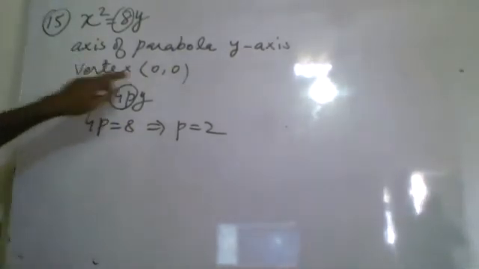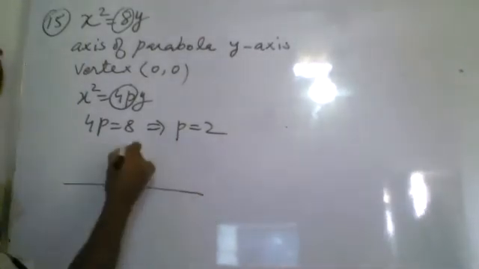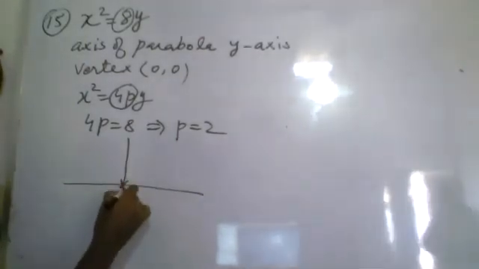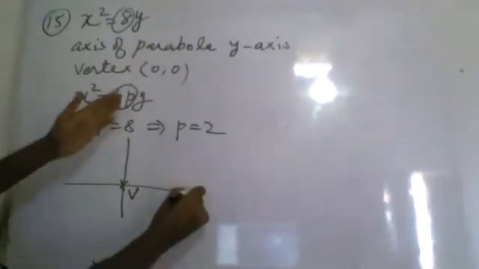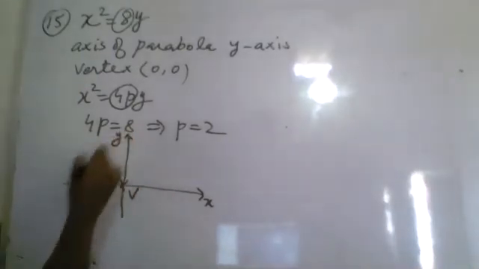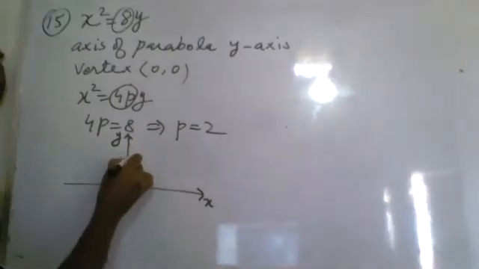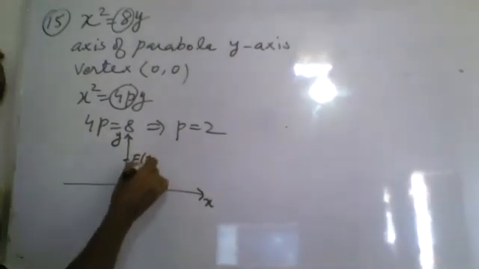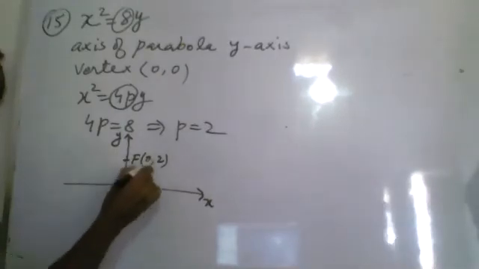Okay, we said the vertex is at the origin. This will be the vertex, and the axis will be on the y-axis. P is positive 2, so the focus will be 0, 2 on the y-axis. The x coordinate is 0.